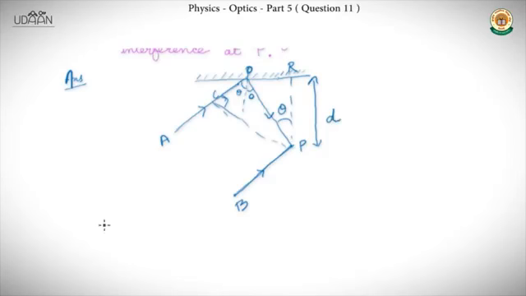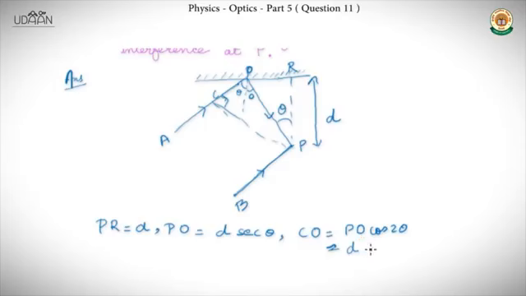Now ER will be equal to d, PO will be equal to d sec theta, and CO will be equal to PO cos 2 theta, which is equal to d sec theta cos 2 theta.